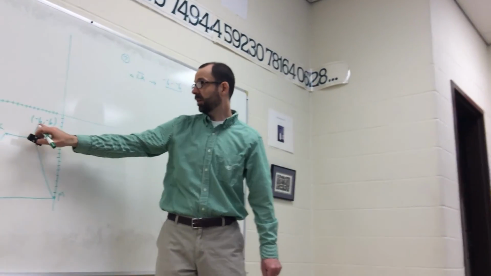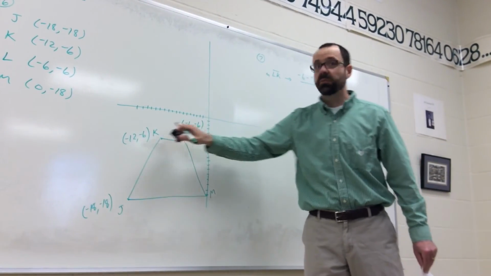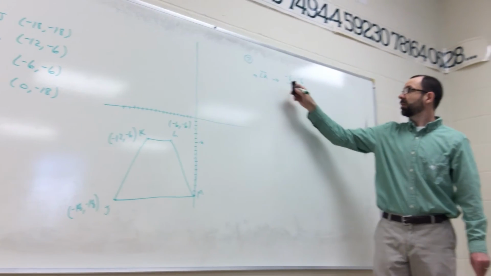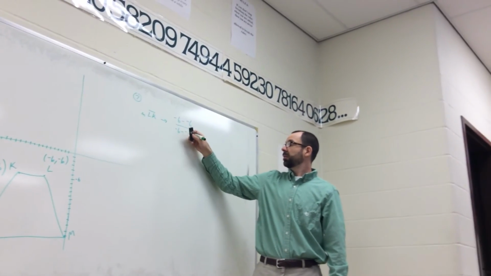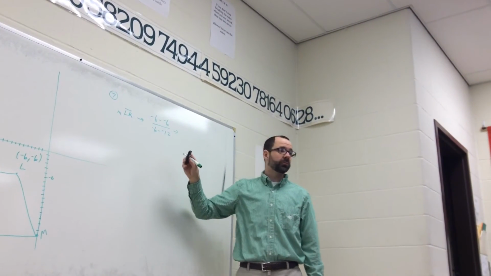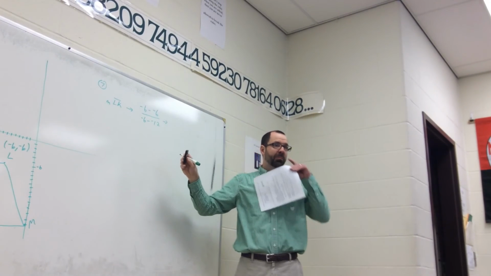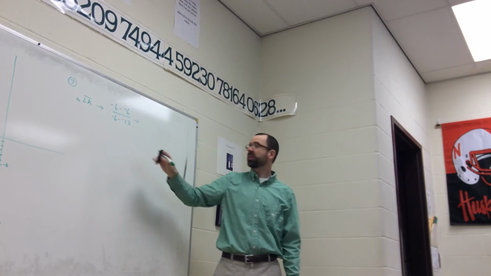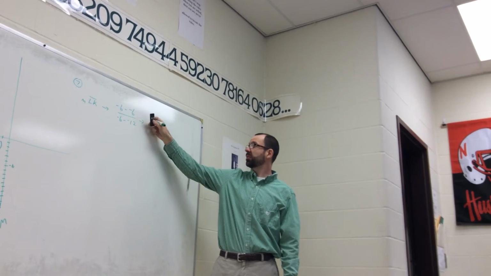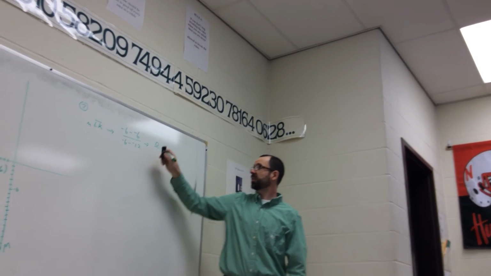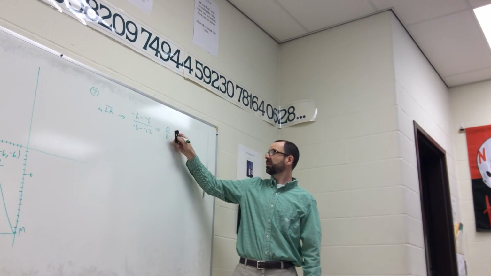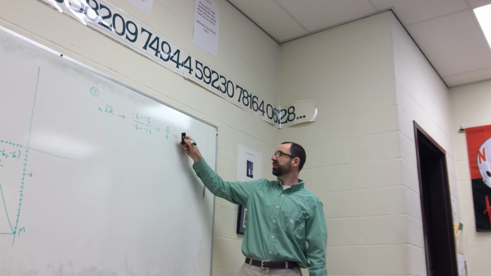And then x minus x, so -6 minus -12. So -6 minus -6 is 0. -6 minus -12 is 6. And 0 divided by 6 is 0.